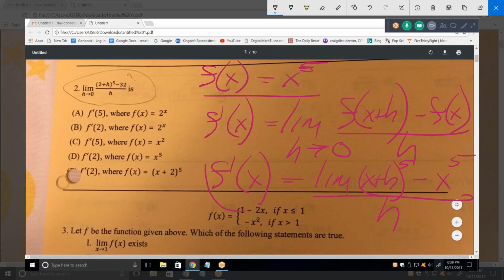So that's what we know f prime of x is. Well, if we see a 32, that means 32 is x to the 5th. So x is 2. And that also means x plus h is 2 plus h to the 5th.